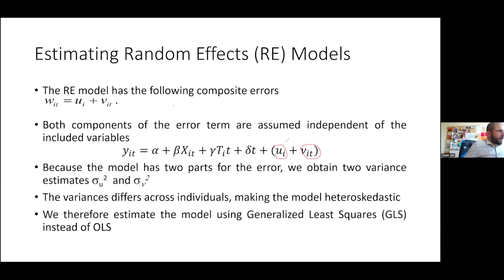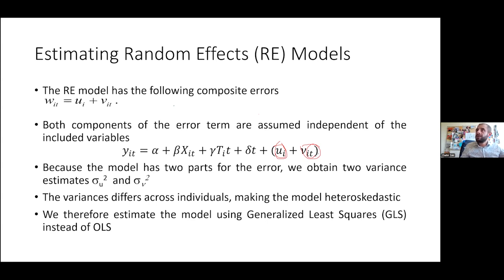So I will assume that I have the variance of this first part and the variance of this second part. And in this case, given that I have two different variances, this means that the variance of the error term is not constant. So there is a kind of heteroscedasticity, and I have to control for that. So that's why we run a generalized least squares, or what we call in some cases weighted least squares.